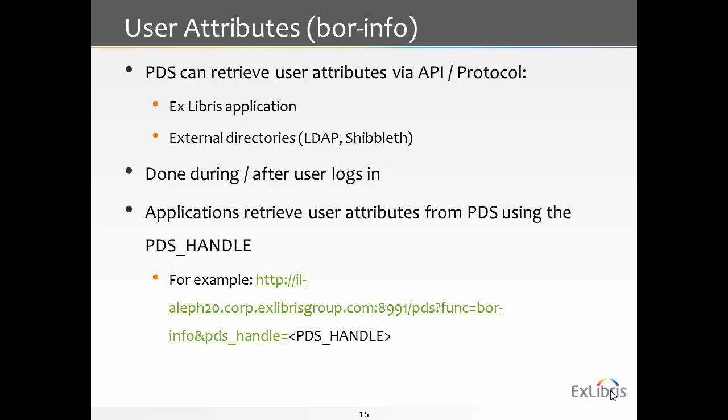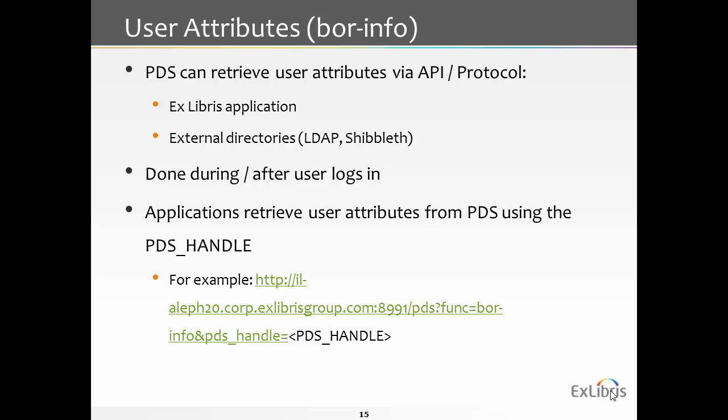Let's speak some more about BOR info. BOR info is a different process than load login. Load login, for instance, can be via Shibboleth, but then the user attributes are retrieved from Alma. Shibboleth only performs the authentication and gives us the ID of the user, but then the name and email address and all that can come from Alma.